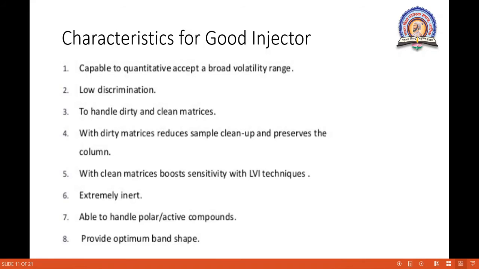With dirty matrices they reduce sample cleanup and preserve the column; with clean matrices they boost the sensitivity with the LVI technique. They are extremely inert, able to handle polar active compounds, and provide the optimum band shape. So out of that you have to remember 5-6 good characteristics of a good injector.